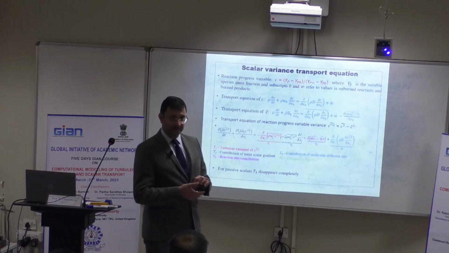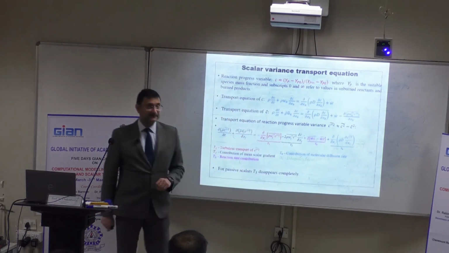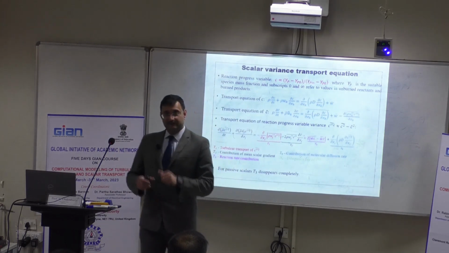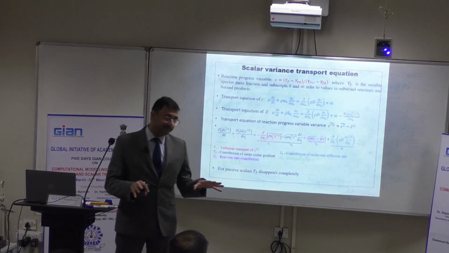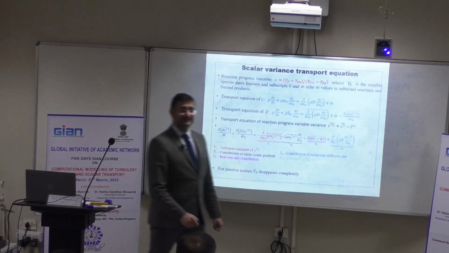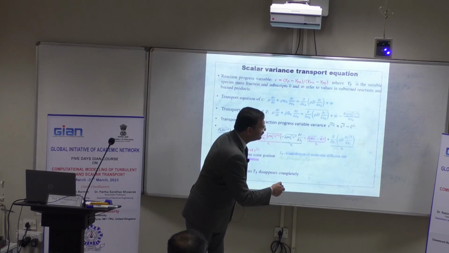Happy so far? This is molecular diffusion of scalar variance. Again, molecular diffusion term does not generate or destroy, it just redistributes. And this one, I don't know whether it's captured in this slide. Green term is basically two rho bar epsilon tilde. This is the scalar dissipation.